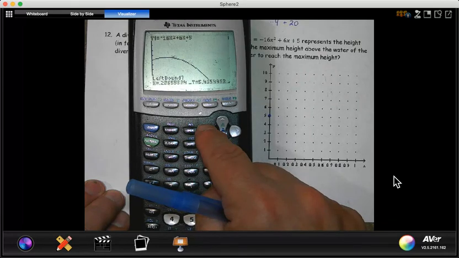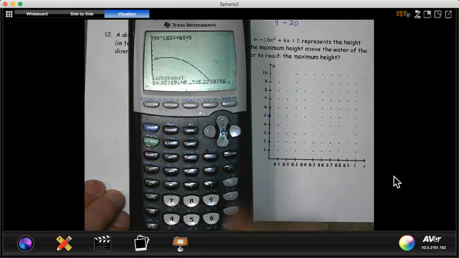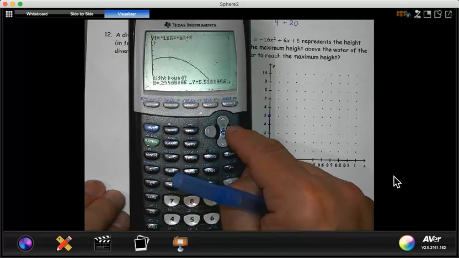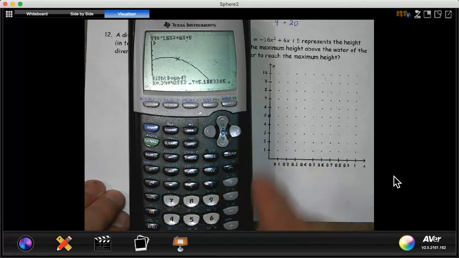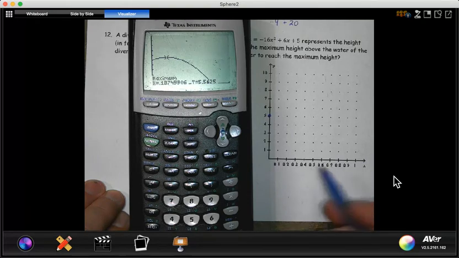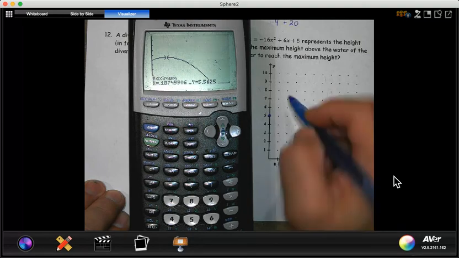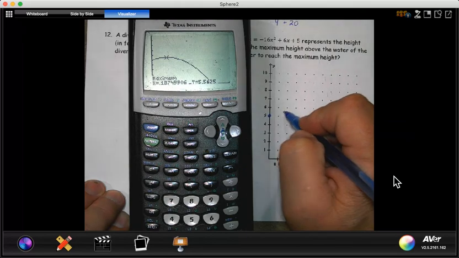I know my maximum's up here somewhere. Then set my right boundary. I have to go all the way to the right of it to make sure I got it. Okay, I went down a little bit. So it's at 0.187, close to 0.2, and it's at 5.5625. So there is my maximum.